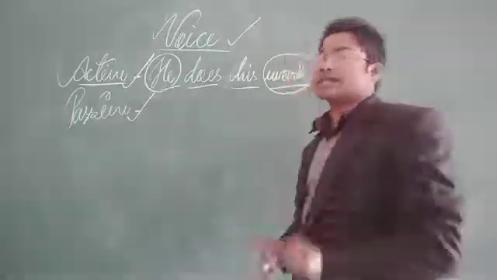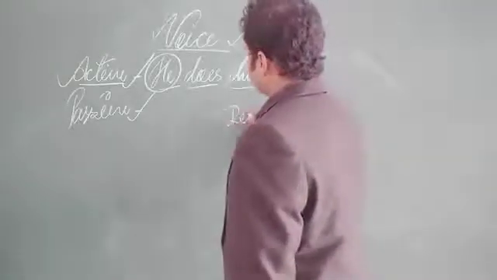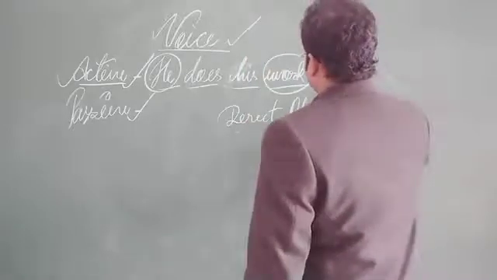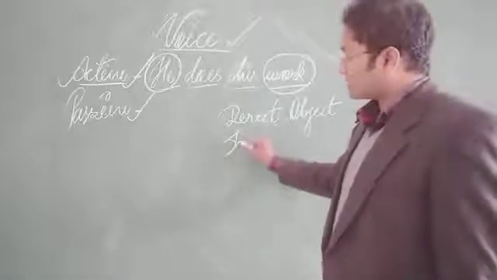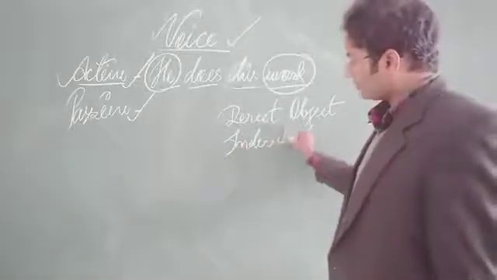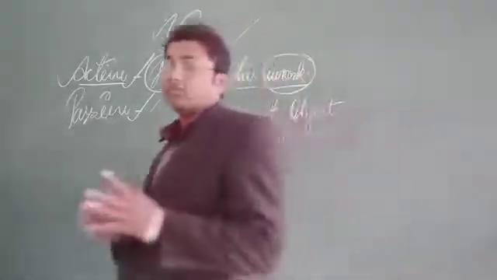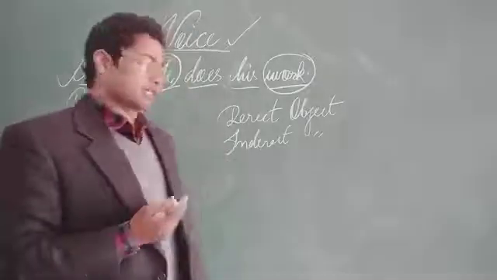There are two kinds of object. First, direct object, and second, indirect object. How to find which one is the direct object and which one is the indirect object?